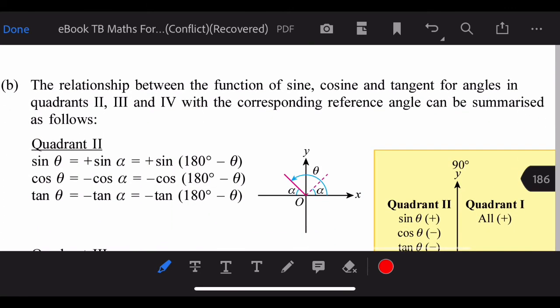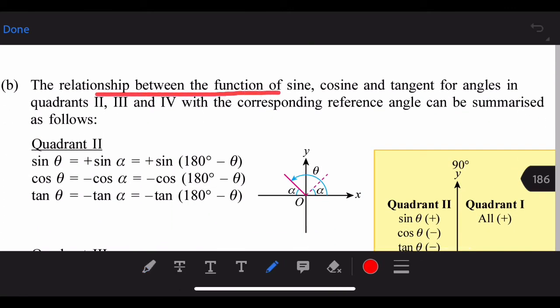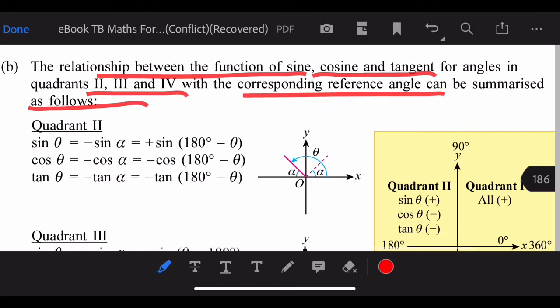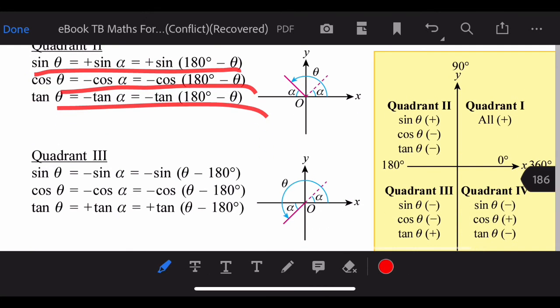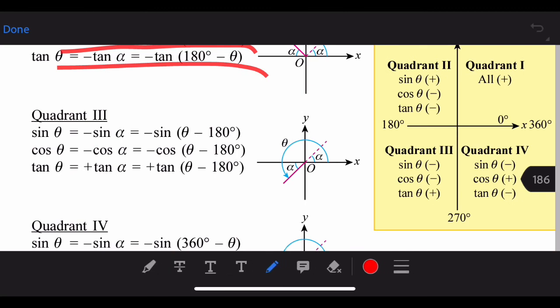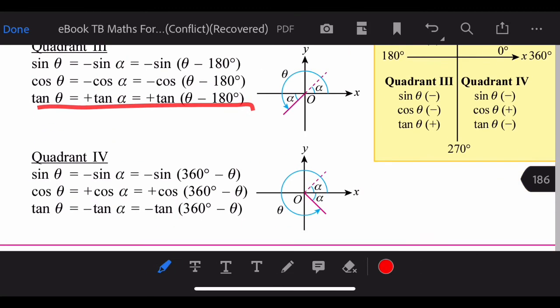So the relationship between the functions of sine, cosine, and tangent for angles in quadrant 2, 3, 4 with the corresponding reference angle can be summarized as follows. For second quadrant, sine is positive, cosine is negative, tangent is negative. For third quadrant, tangent is positive, the rest will be negative.